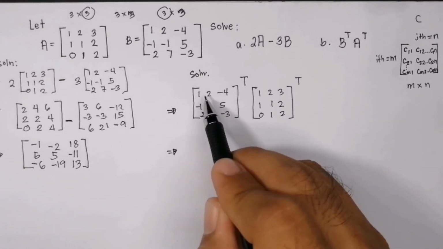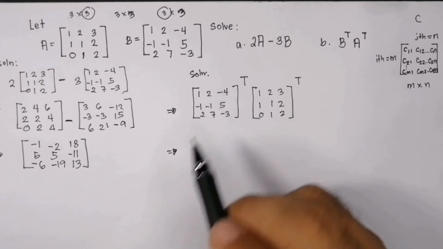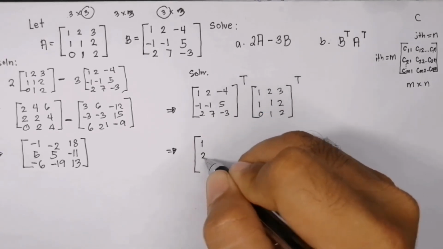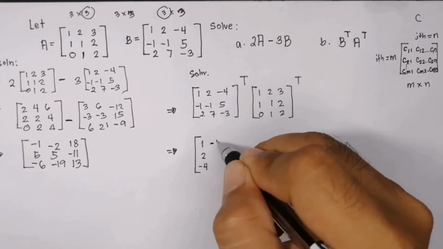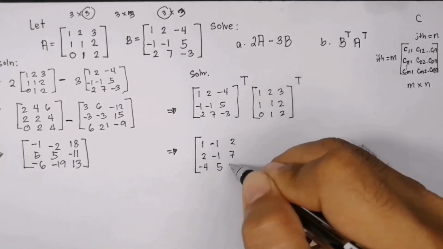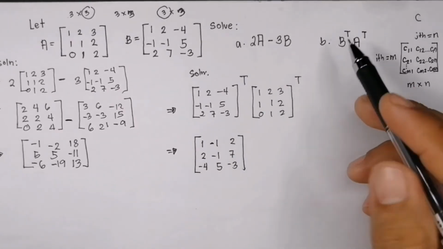Meaning to say, instead of first, second, third column, it becomes first, second, third rows. So it becomes 1, 2, negative 4. Second row becomes the second column, negative 1, negative 1, 5. The same as 2, 7, negative 3. That is now the transpose of matrix B.